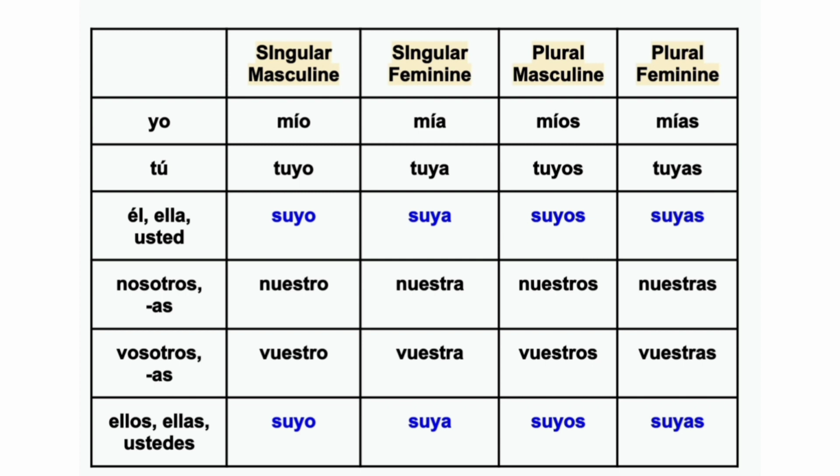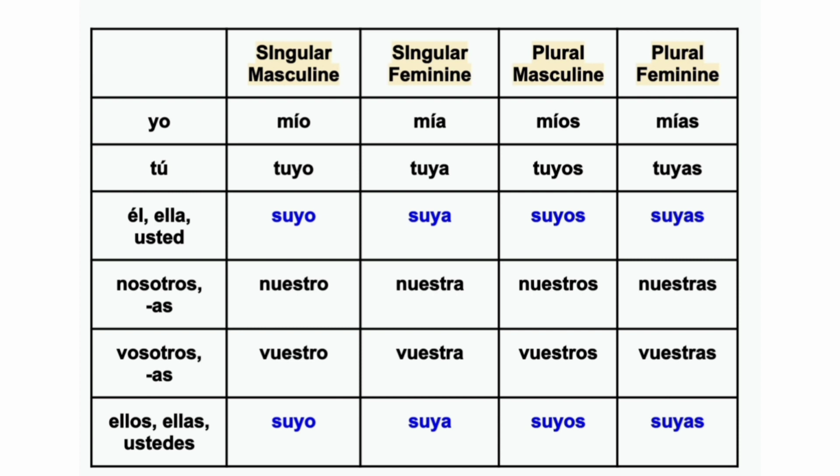And it's the same logic with the other pronouns. Tuyo, tuya, tuyos, tuyas, suyo, suya, suyos, suyas. Here we can notice that we use the same adjective for él, ella, usted, ellos, ellas, ustedes. Suyo, suya, suyos, suyas.